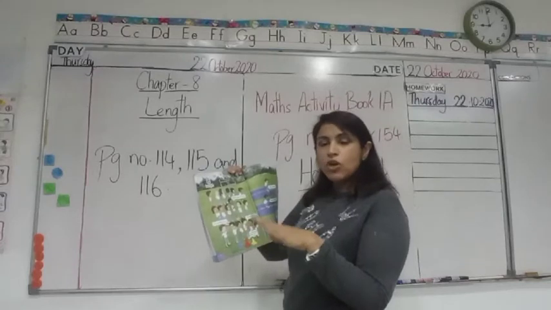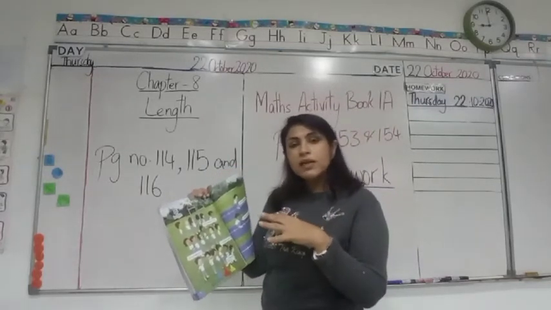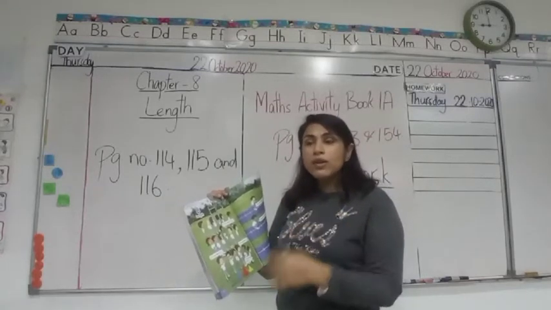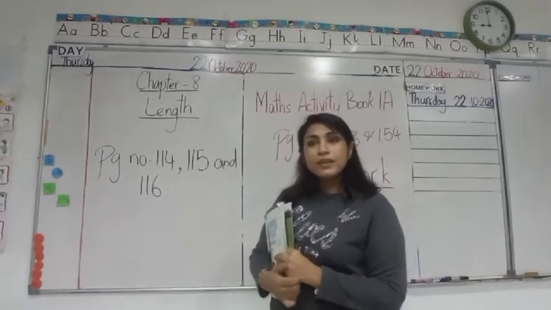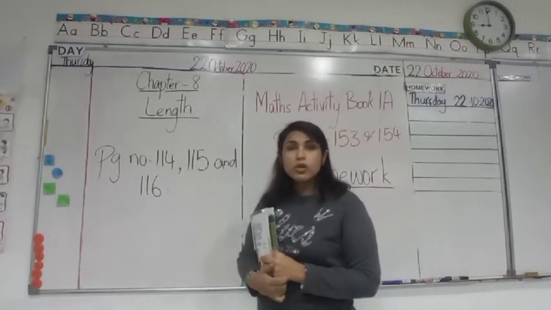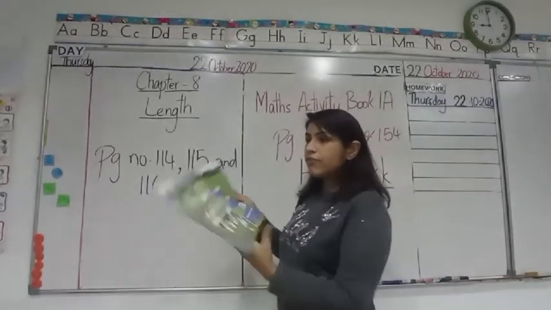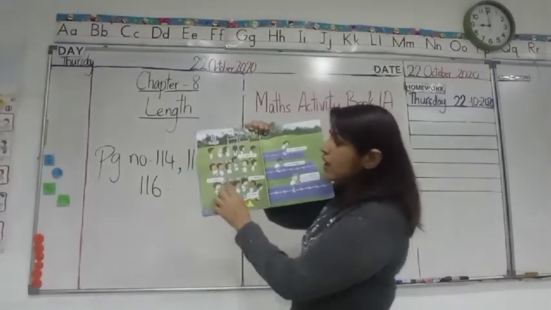With the age, mostly all the children are from more or less the same age, but they have different DNA, depending on whether their parents are tall or short or medium height. So in the same way we will find out the difference of the length.